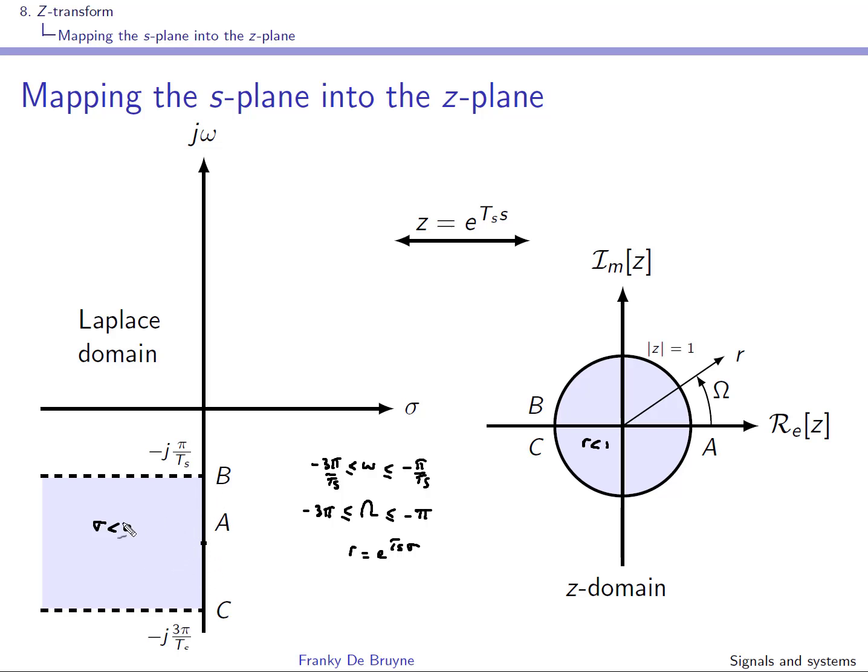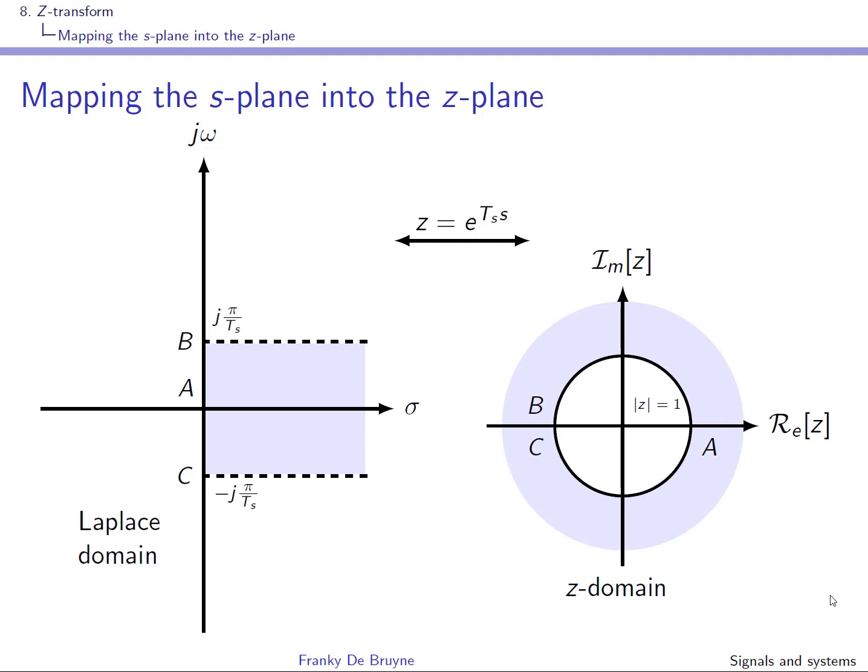So again, this left half strip, left of the j omega axis, will be mapped inside the unit circle. Here we consider analog frequencies in this central strip between minus pi over ts and pi over ts. So the discrete frequency will range between minus pi and pi, and here we consider sigma larger than 0.